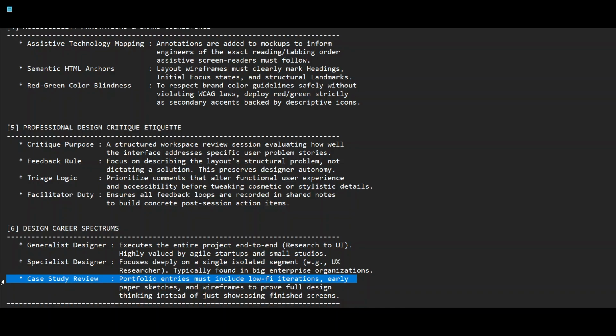In the case study review, portfolio entries must include low-fidelity iterations, early paper sketches, and wireframes to prove full design thinking instead of just showcasing finished screens.